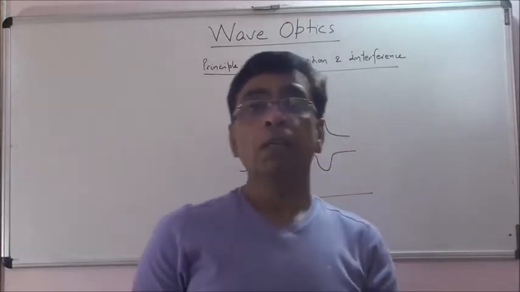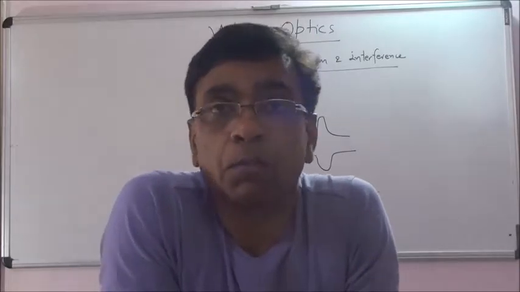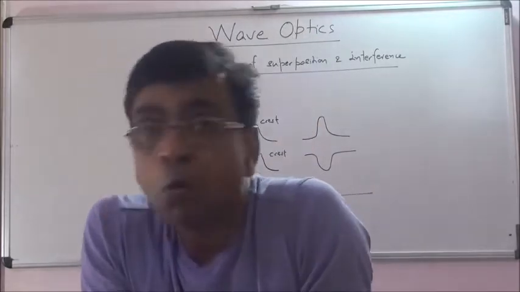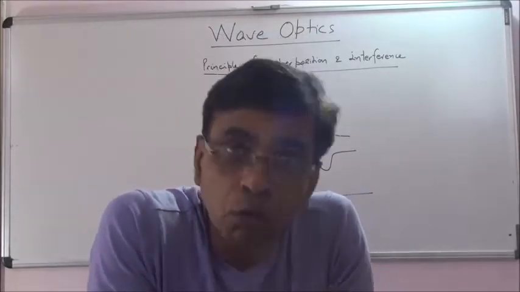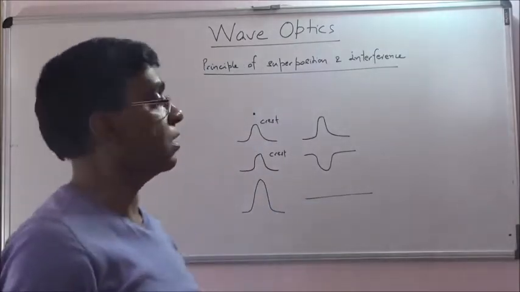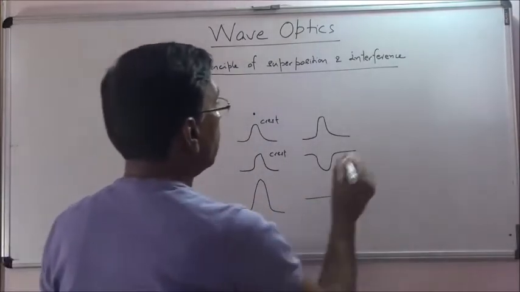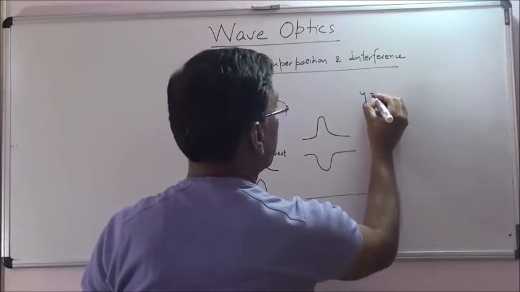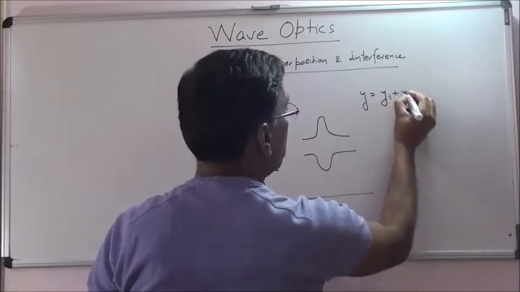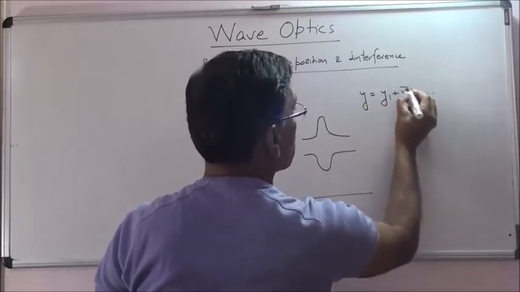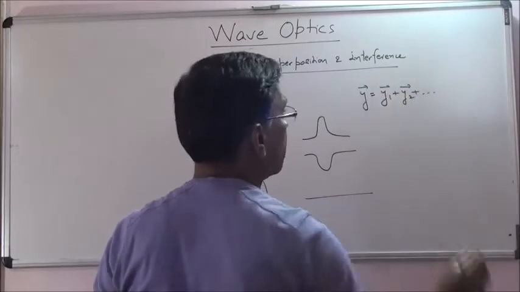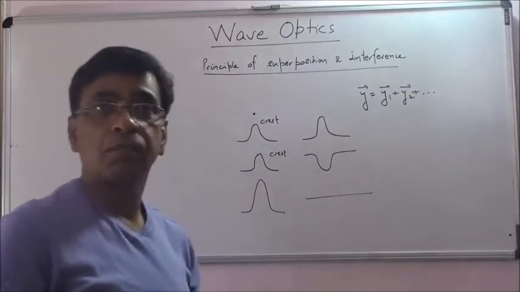So we can state the principle of superposition as: when two or more waves move through a medium simultaneously, then the resultant displacement is equal to the vector sum of displacements due to individual waves.